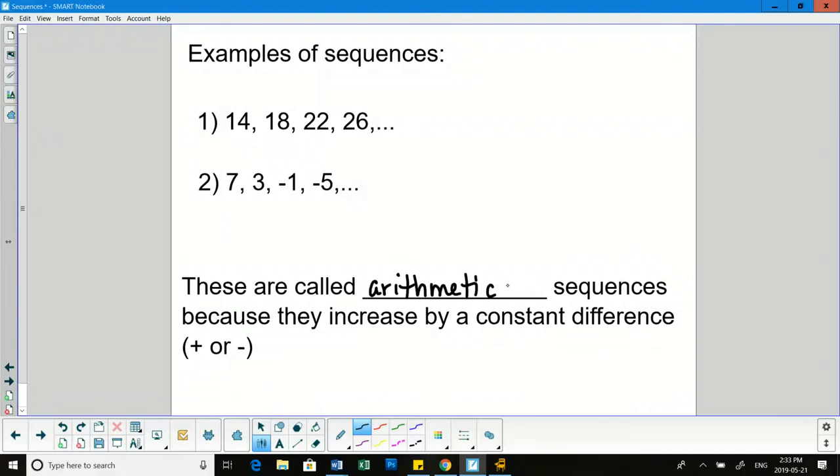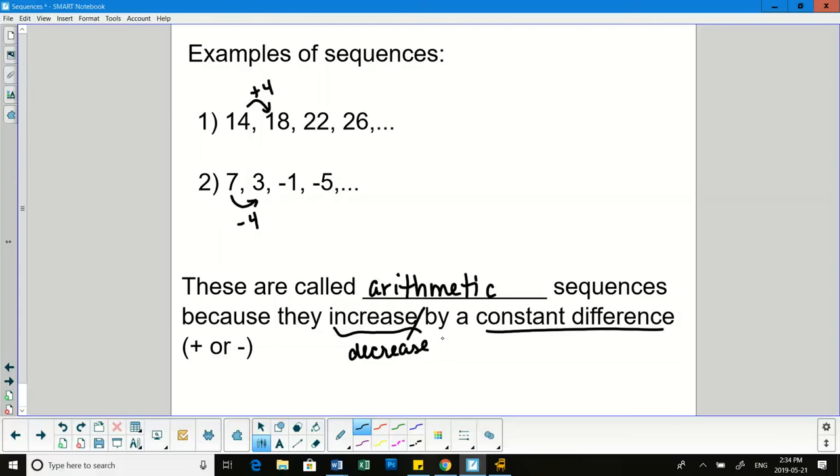So the first two are arithmetic sequences because they are generated by either adding a value consistently or subtracting a value consistently. We call this the constant difference. And I shouldn't necessarily say increase. They could also decrease. Increase or decrease by a constant difference. Could you say change? Yeah, we could say change too.